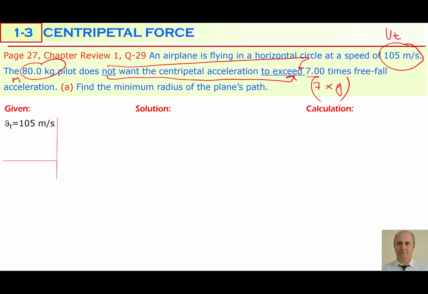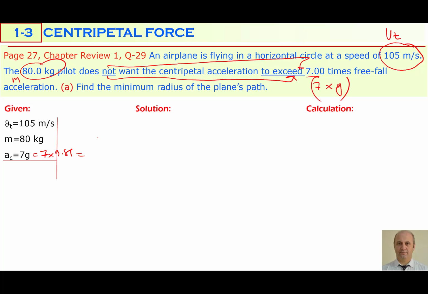So Vt is 105 meters per second tangential speed, and mass is given, 80 kilograms. So centripetal acceleration will be maximum 7g, not greater than that, and we know that 7g is 7 times 9.81.